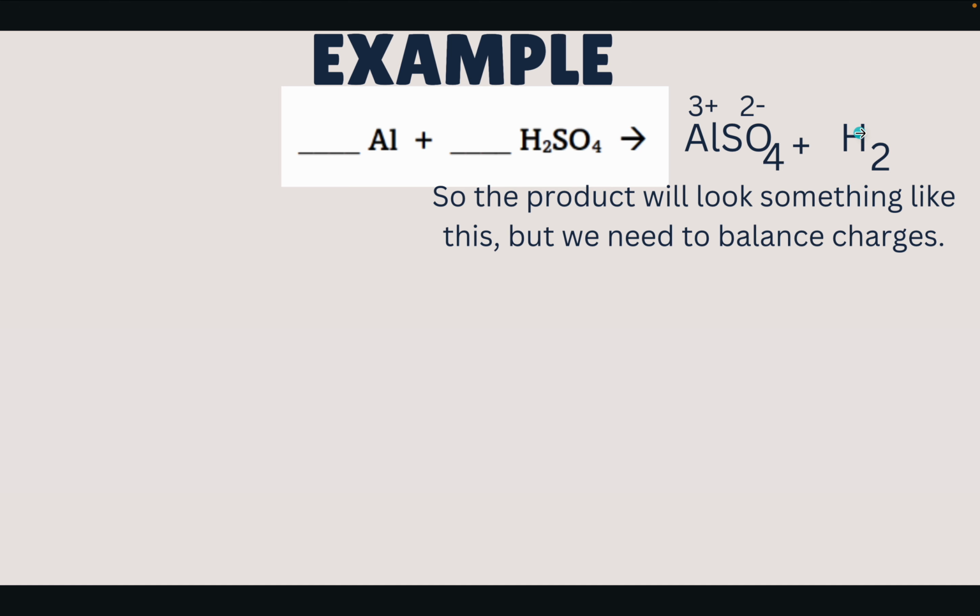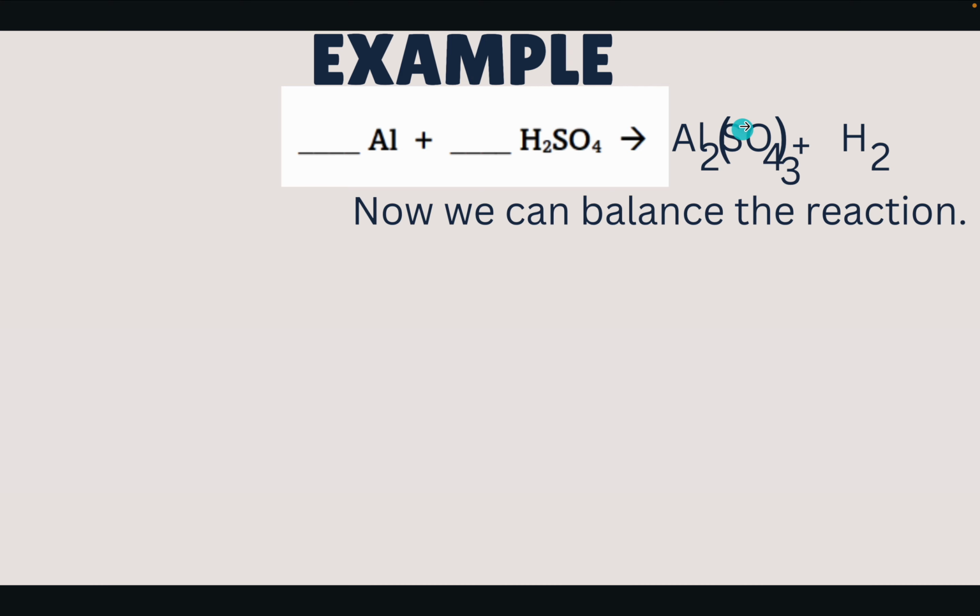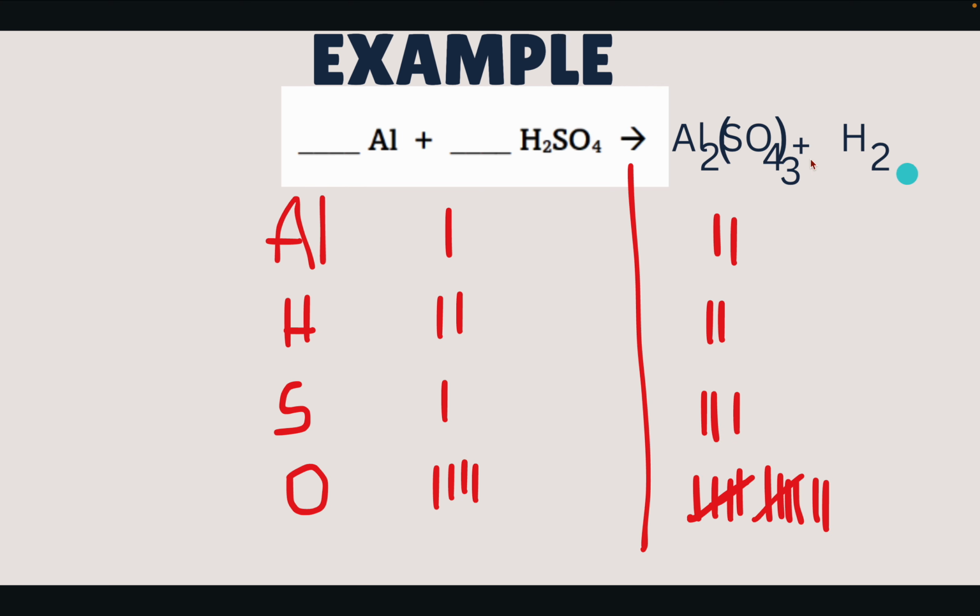Remember Brinclhof: hydrogen is diatomic, which means by itself it has a subscript of 2. We're going to balance the charges of this compound. Then we can tally. 1 aluminum on this side, 2 aluminums on this side. 2 hydrogens on this side, also 2 hydrogens on this side, 1 sulfur on this side, 3 sulfurs on this side, 4 oxygens on this side, and 12 oxygens on this one.